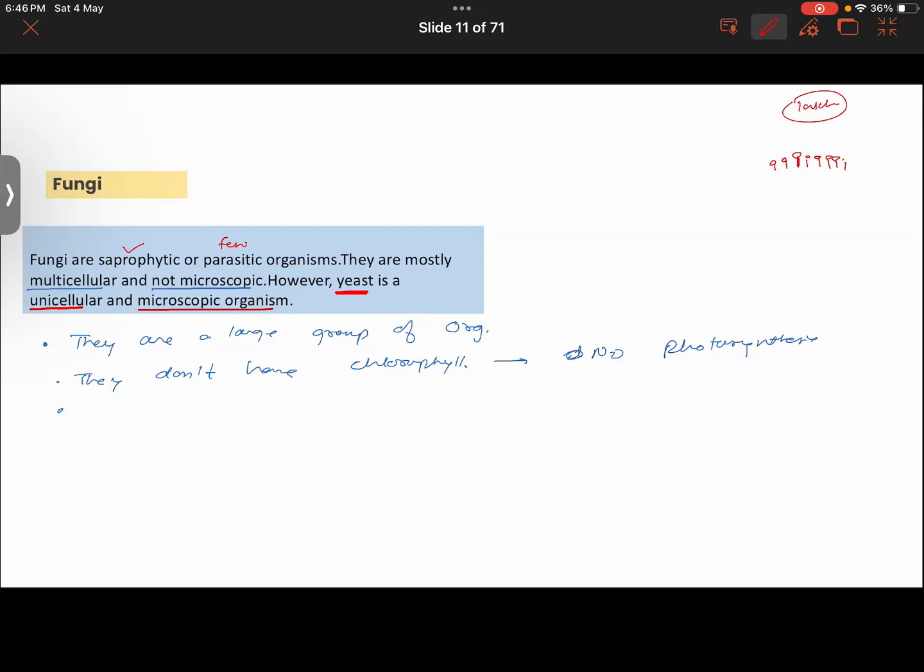What exactly do you use in baking? Yeast. Good. Sundus, you can also mention some uses of fungi.